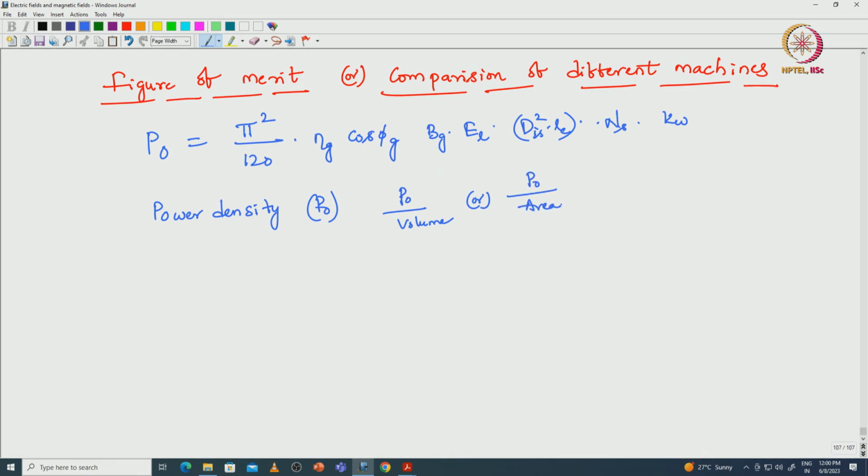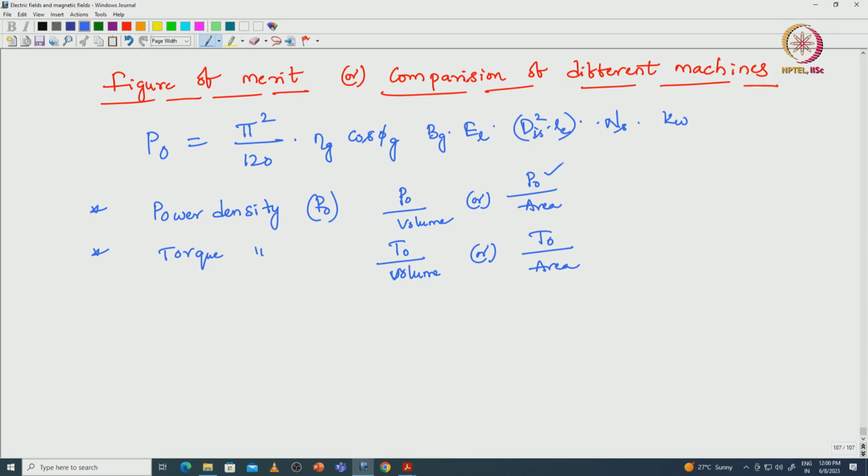We can represent the power density in terms of volume or in terms of area. The second parameter is torque density, torque per unit volume or torque per unit area.